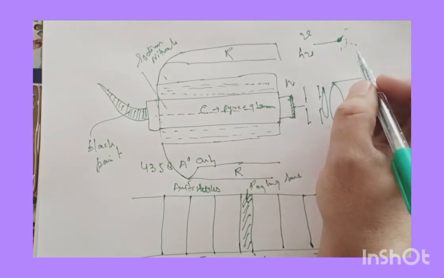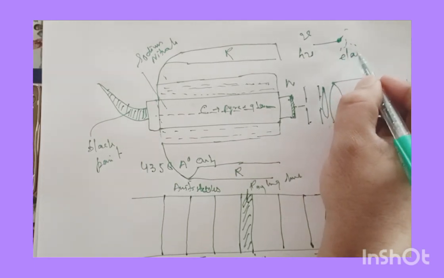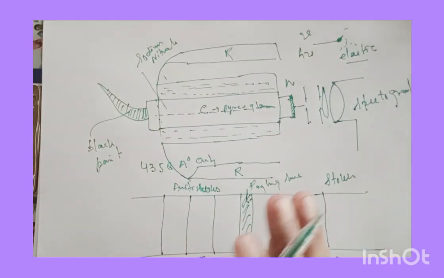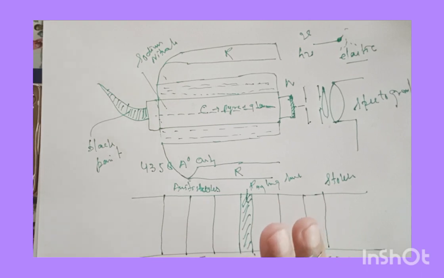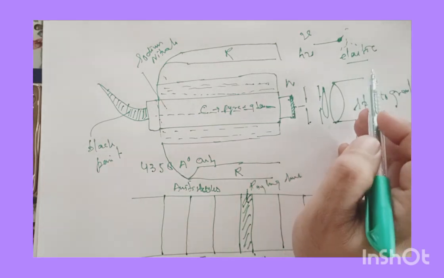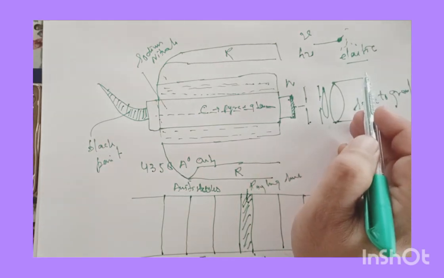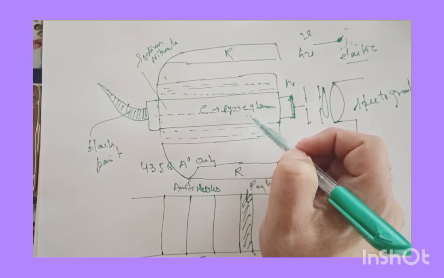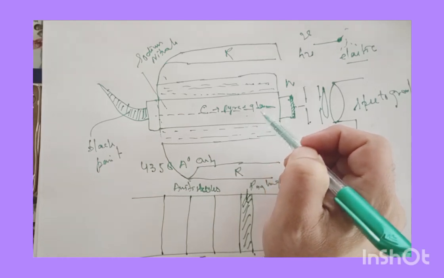Now, if the collisions are perfectly elastic, that means both momentum as well as the kinetic energy of the particles is conserved. In that case, there will be no exchange of energy between the molecules and the striking photons.